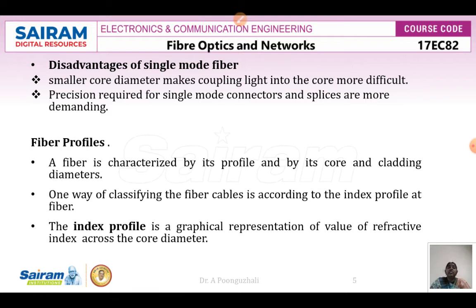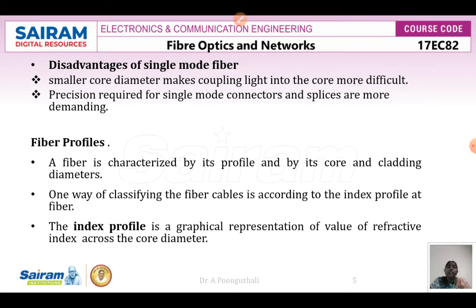Next is the disadvantage of a single mode fiber. Since it has a smaller core diameter, the coupling between the fibers is very difficult. Precision is required when I join the cores.